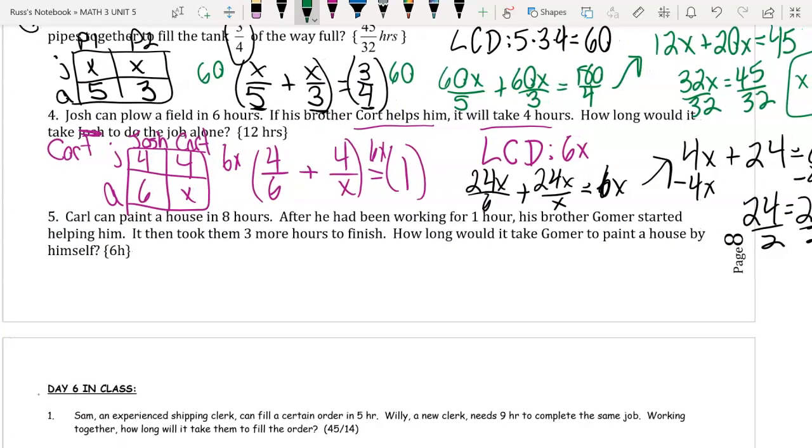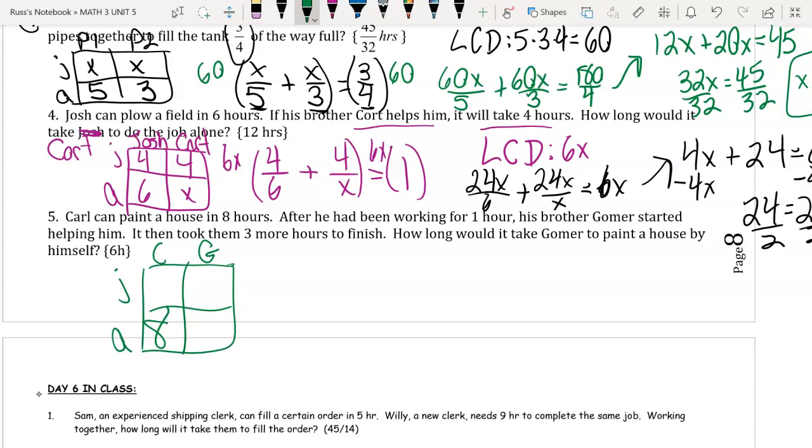All right. Last one. So joint, alone. So you got Carl and Gomer. Okay. Carl can paint a house in 8 hours. That's alone. After he'd been working for 1 hour, his brother Gomer started helping him. It then took them 3 more hours to finish.